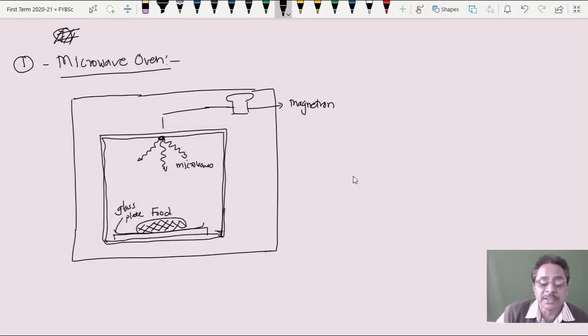This is the circuit here which generates these types of waves, the microwaves, from this transmitter. This is the magnetron, which is connected here, and in the cavity it produces these microwaves. Waves are generated here. Then there is a control circuit. There are several buttons. This is the control circuit.